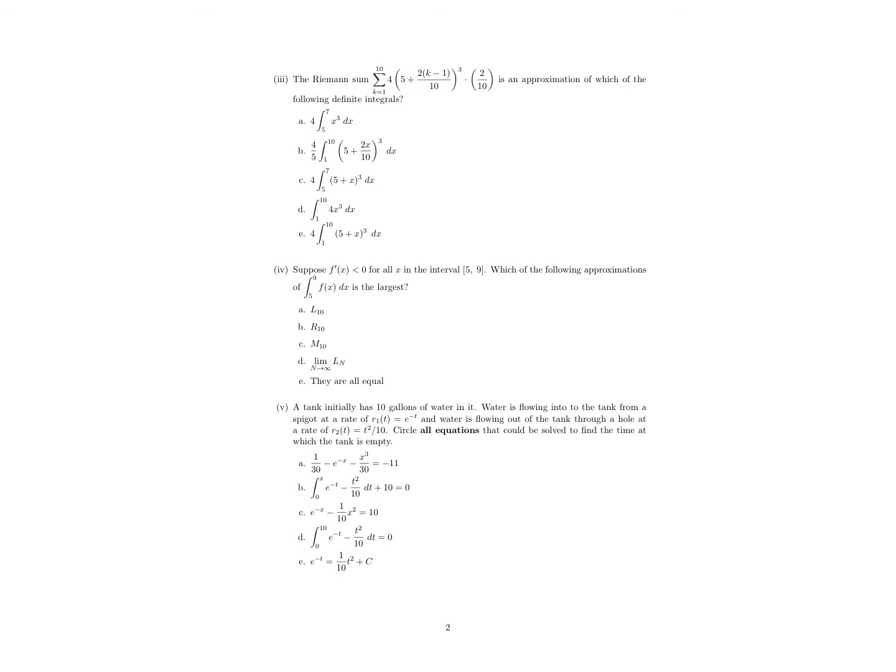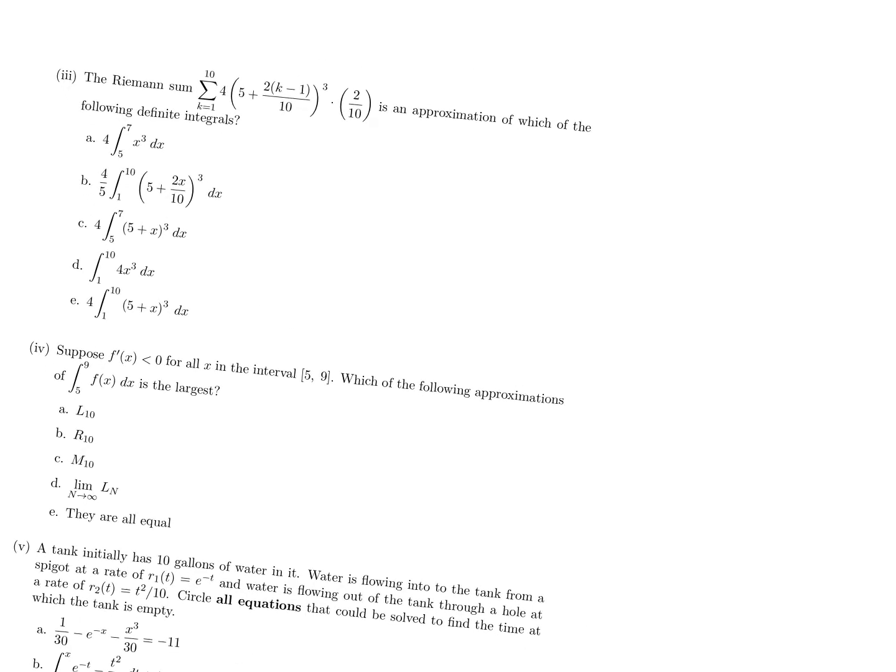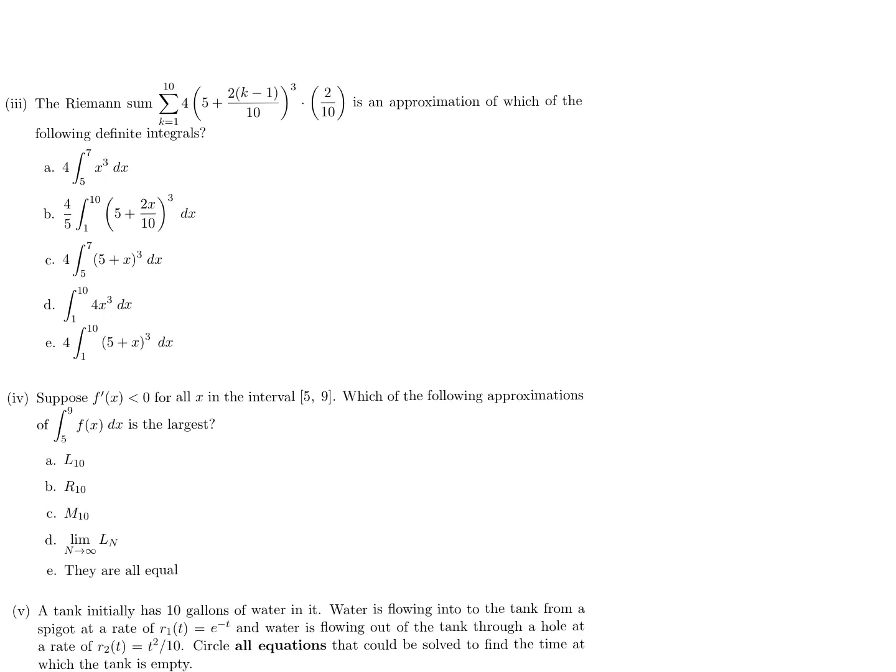So here we're looking at part 3 of question 1. Okay. We're told that this Riemann sum is an approximation of an integral, but what is the integral that we're approximating?